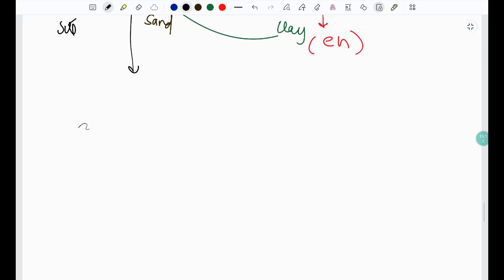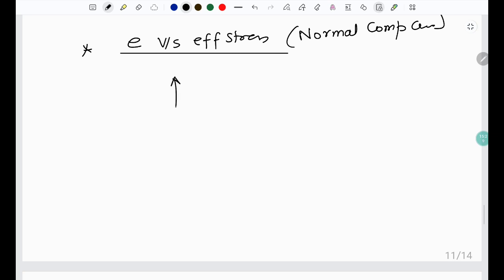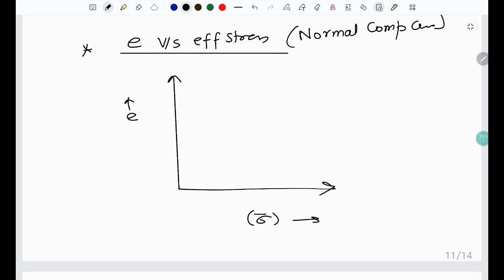Then what we do is we plot the void ratio versus effective stress plot, which is called the normal compression curve, and it goes like this. This is our void ratio and this is our effective stress on the x-axis.